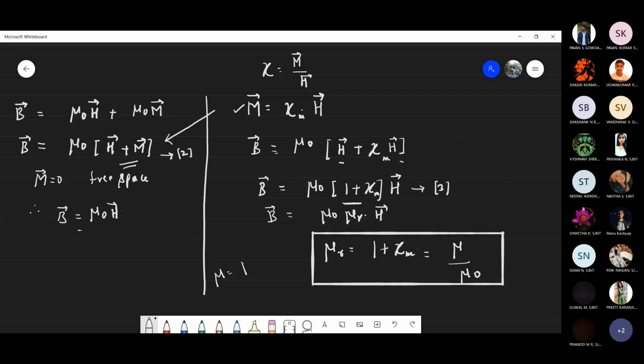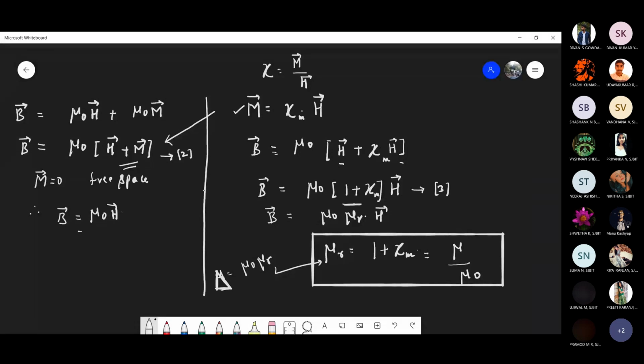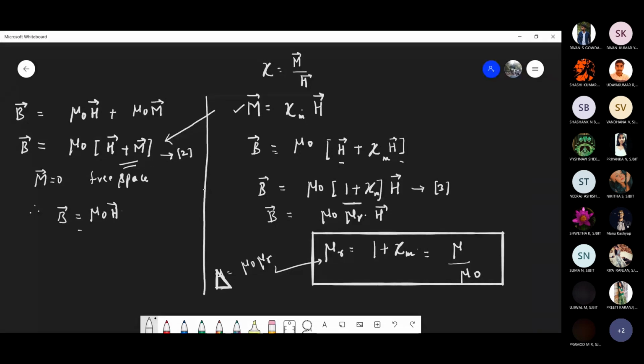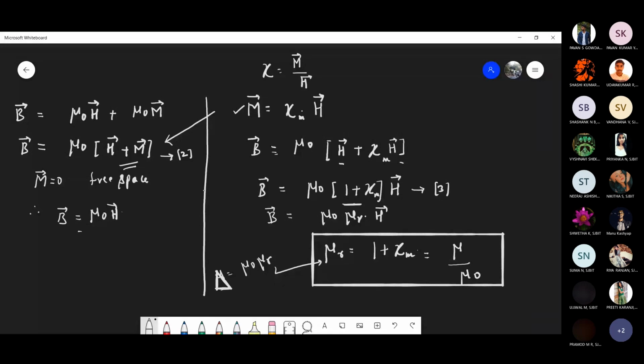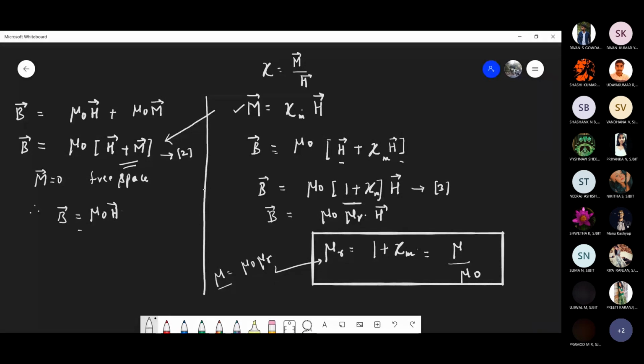Mu is equal to mu naught times mu R. And what is mu R equal to? Mu R is equal to mu over mu naught, which is 1 plus psi M. Make a note of this equation also.